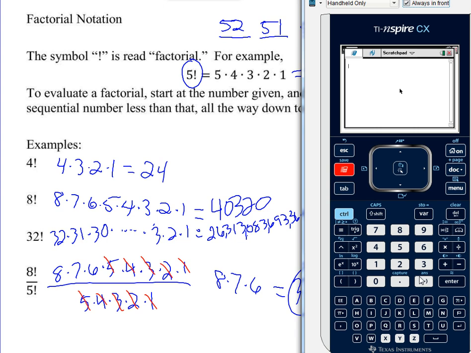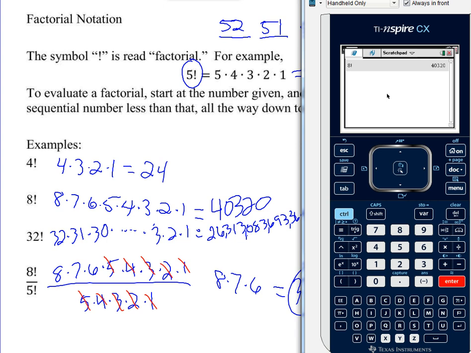I'm going to type in 8, and then we just have to figure out where the exclamation mark is. It's down here at the bottom. You see the little question mark exclamation point? That's the one we want, and then we're going to select the exclamation point and then hit enter, and it gives us 40,320. Exactly what we expected.